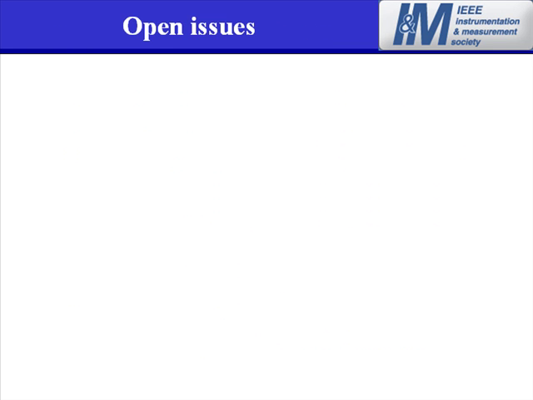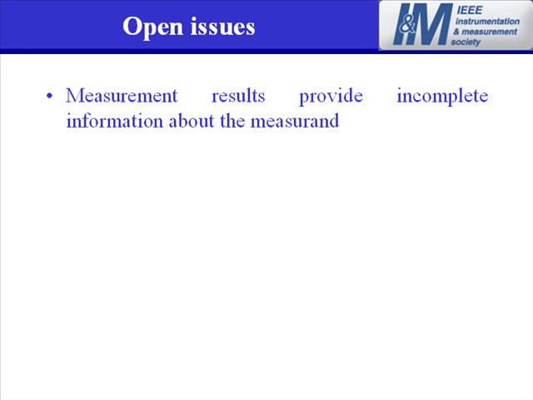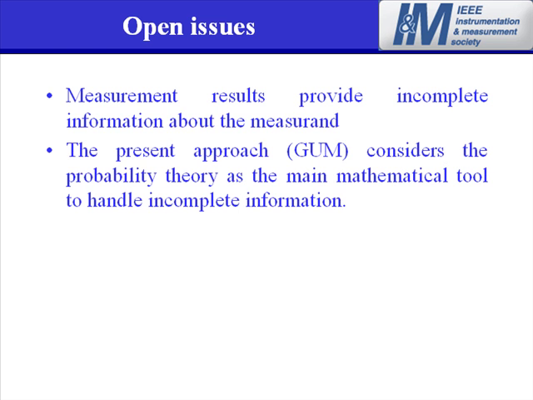Well, we have covered all the most important issues related to uncertainty in measurement. We have understood that measurement results always provide incomplete information about the measurand. We have seen how the approach in terms of uncertainty allows us to quantify how incomplete this information is.